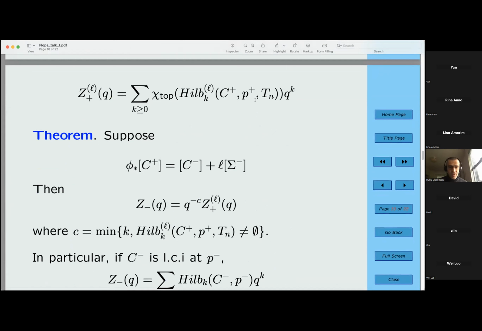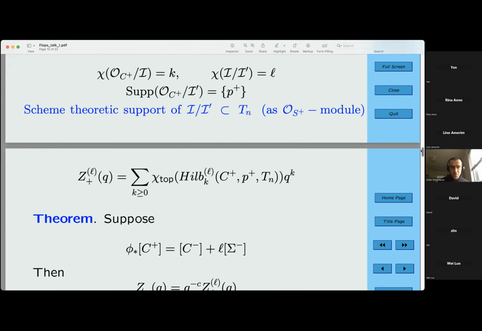Just a second, let me ask. The class here is just the Euler characteristic, or you talk about length? Yeah, I forgot. I'm writing topological because I want to emphasize that this is not a virtual Euler number. It's not defined through Behrend's constructible function, it's just the plain Euler number. It's topological. Even in the previous slide, all the chi's in this talk will be topological, all of them.